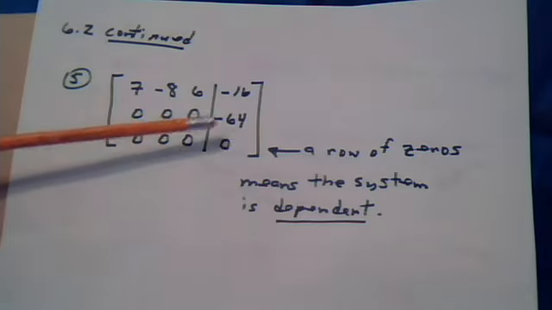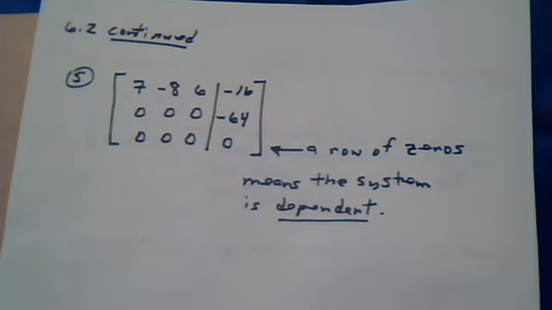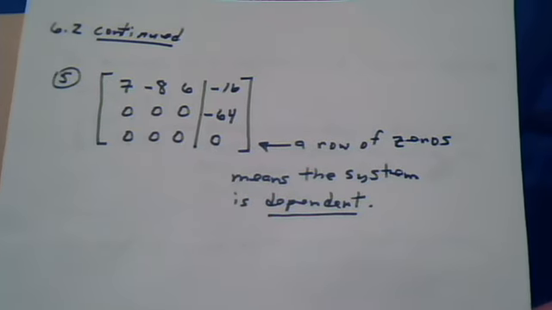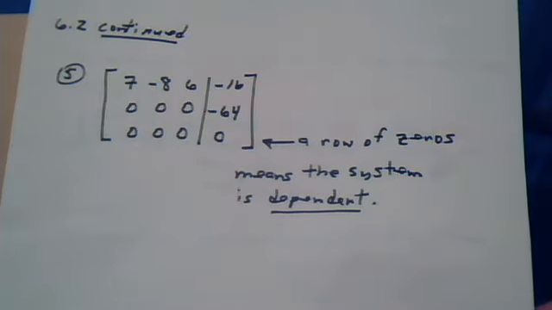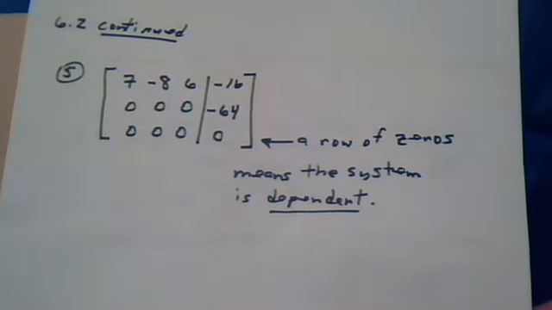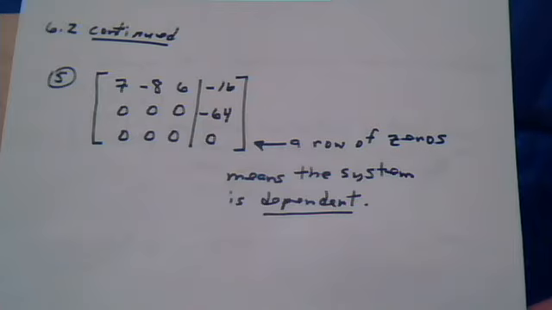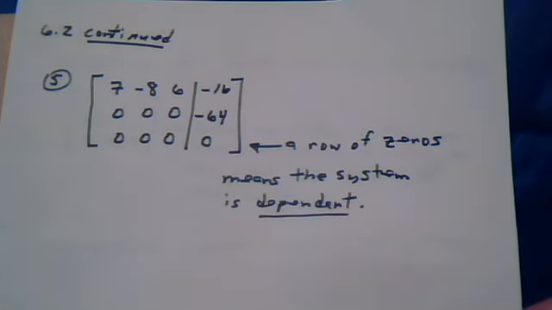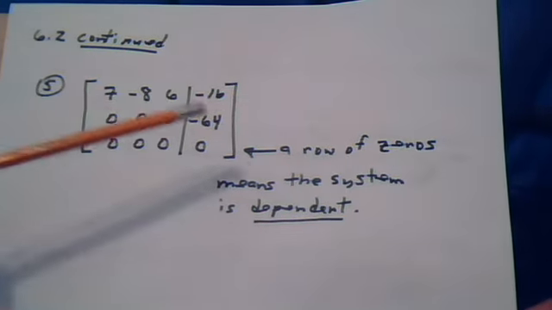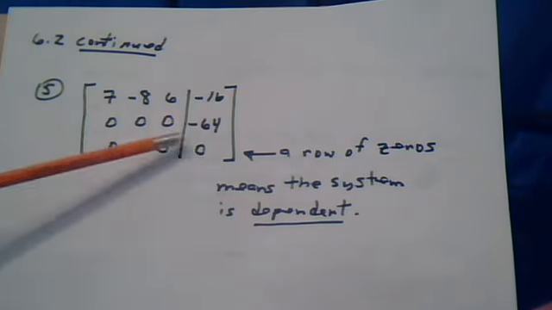In other words, these 2 were the same equation. That's what it means in terms of equations. It's a dependent system. And when you have a dependent system, that implies an infinite number of solutions. But all they wanted to know this time was, is it dependent, independent, or inconsistent? So this is a dependent system when you get a row of zeros.